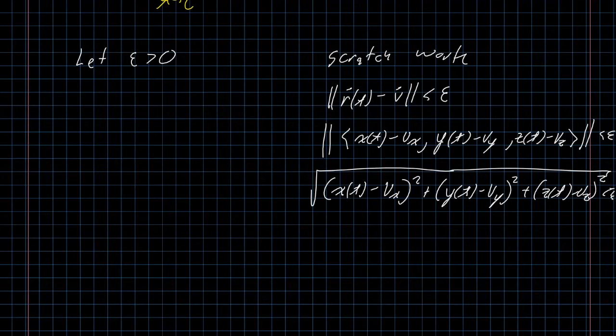But I'm also going to make the assumption, and we'll see why we can make this assumption a little bit later on, that each of these is equal to each other.